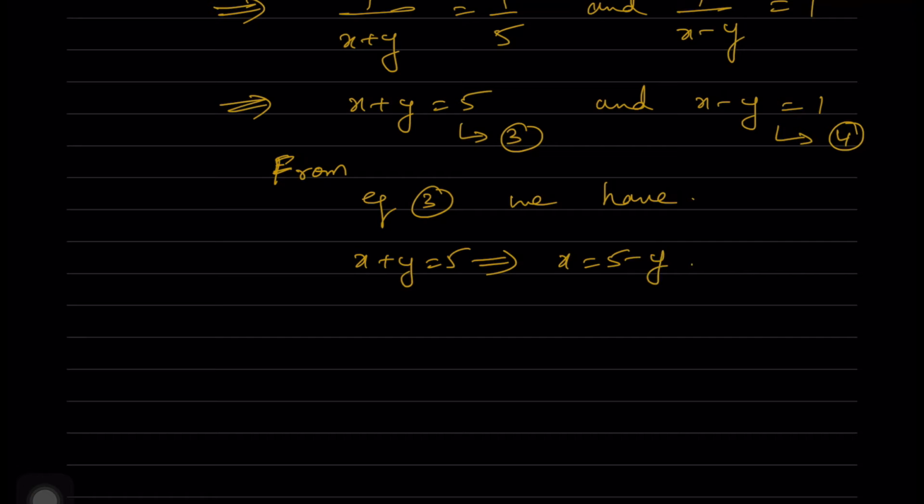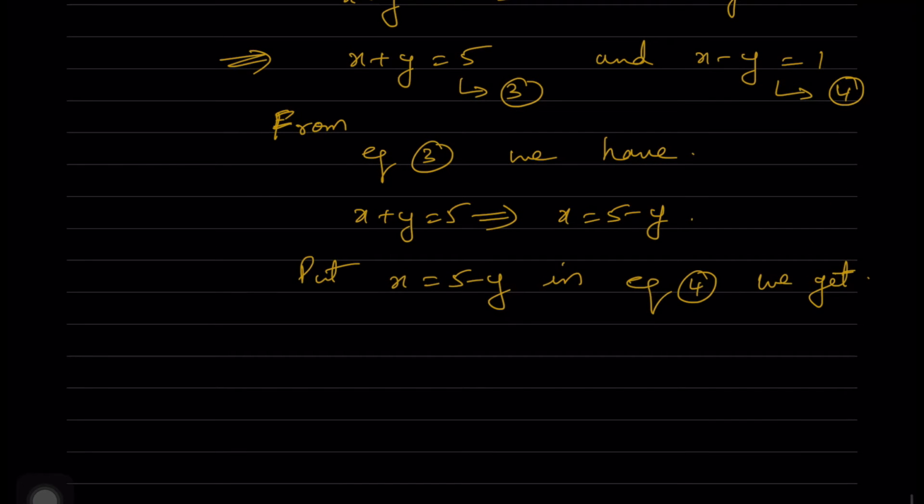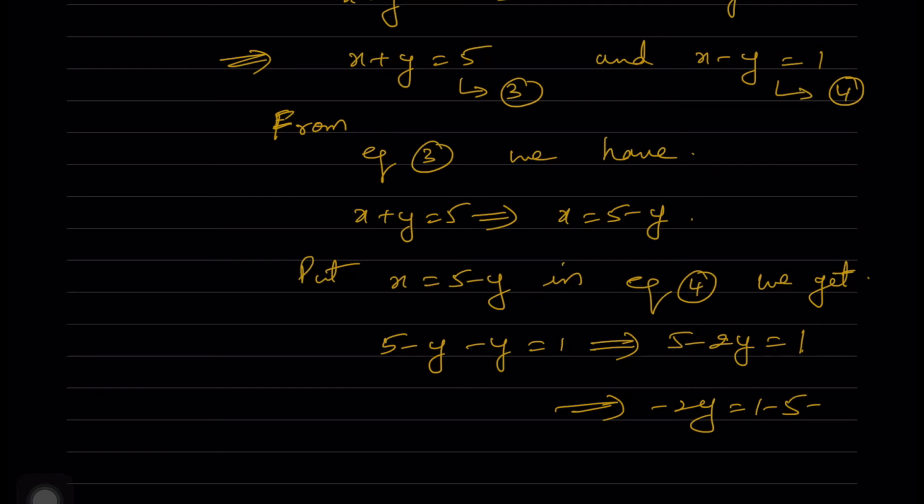You can do the substitution method also. You have x plus y is equal to 5, so x is equal to 5 minus y. So put x is equal to 5 minus y in equation 4. So what do we get? We'll see. 5 minus y minus y is equal to 1, which implies 5 minus 2y is equal to 1, which implies that y is equal to 2.